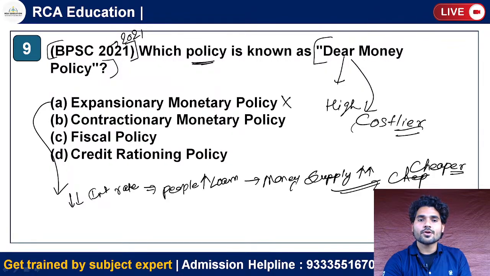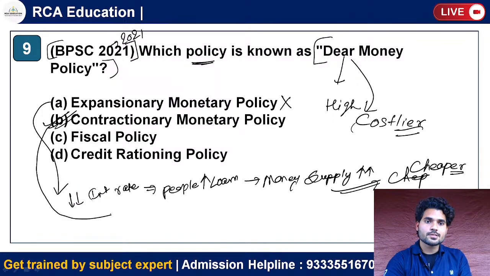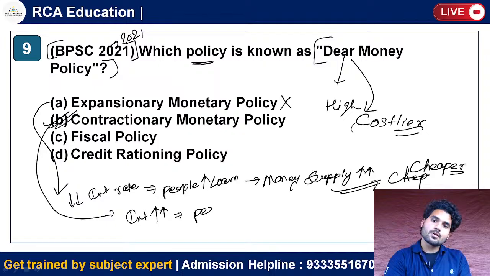So the correct answer is contractionary monetary policy. What happens here? The interest rate will increase, which means people can't take more loans.